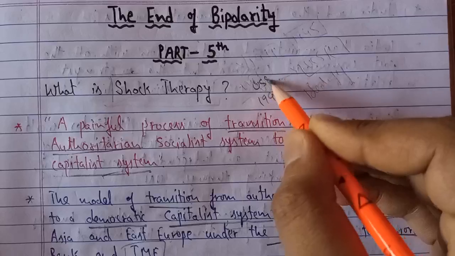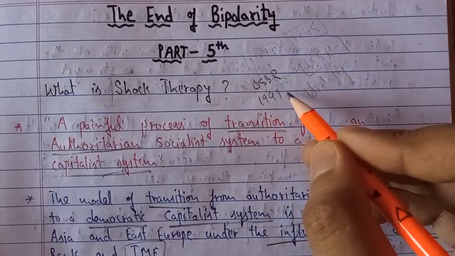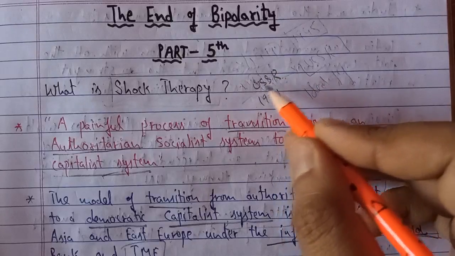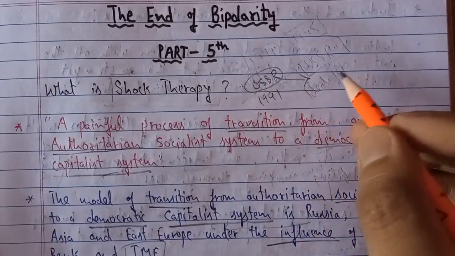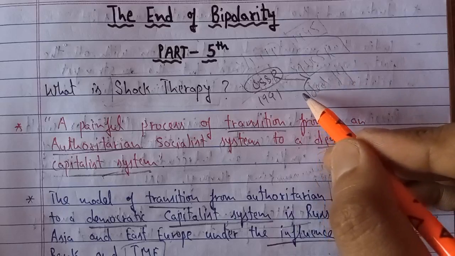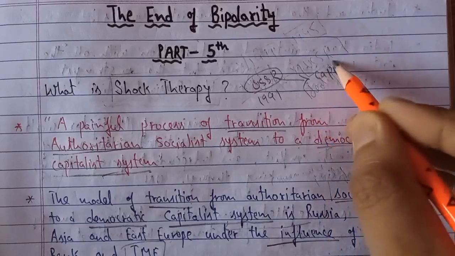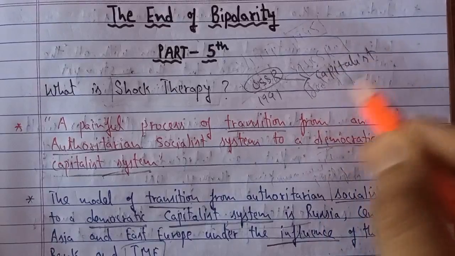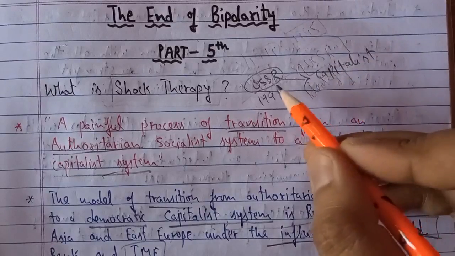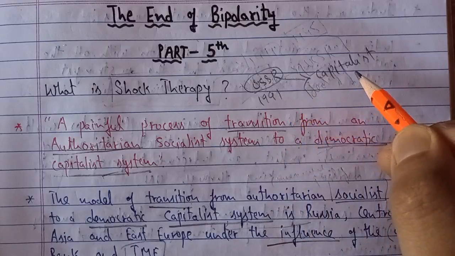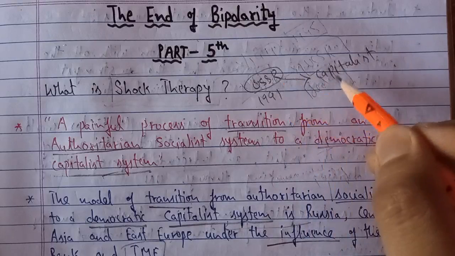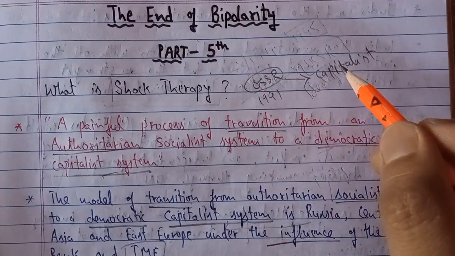The 15 countries which were part of this union wanted to shift from the socialist system to a capitalist system. It means they wanted to make a transition from the old Soviet system to a new capitalist system, and this transition period is called shock therapy.